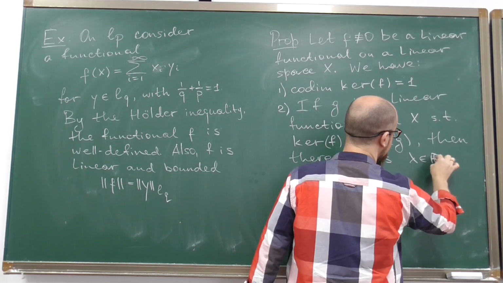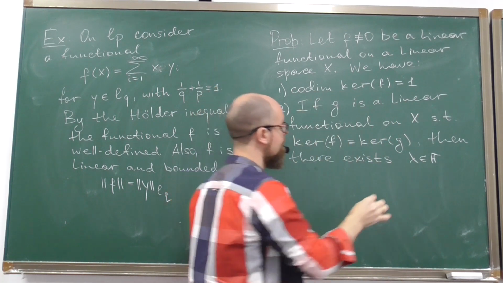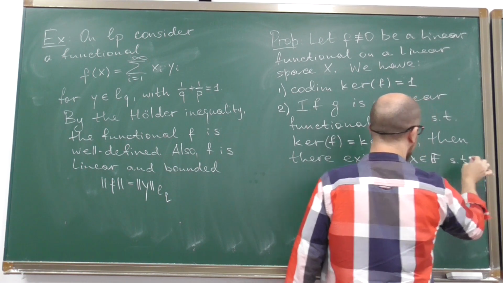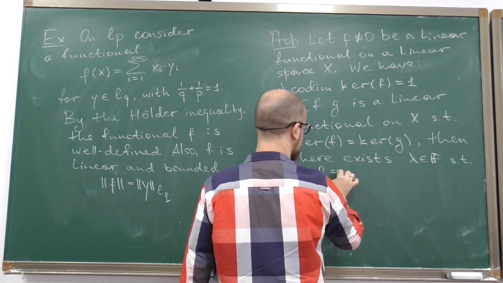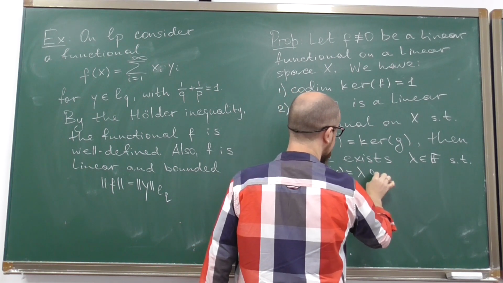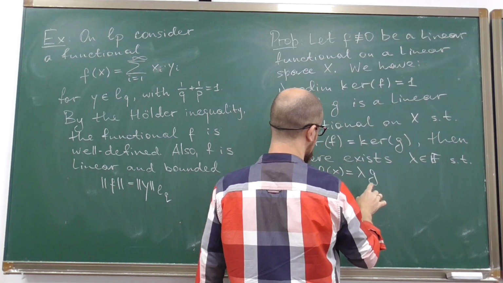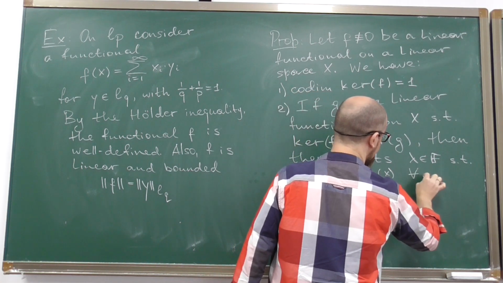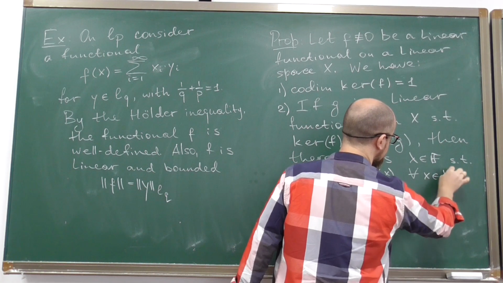That is, there exists a scalar lambda such that f of x equals lambda times g of x for every x from X.